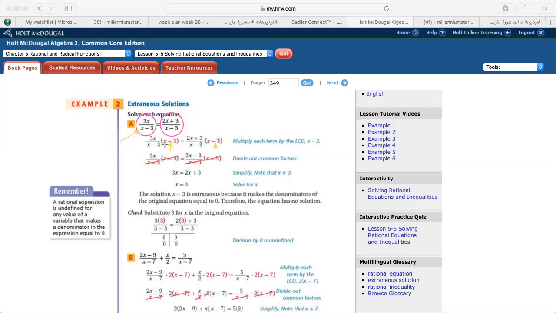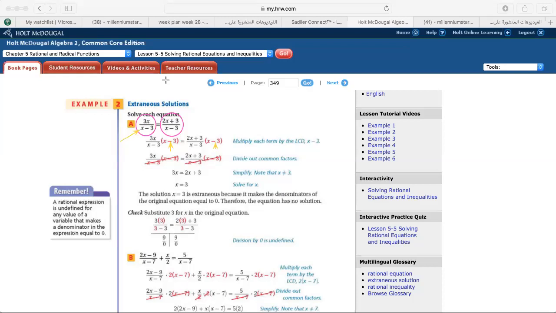Because there is nothing in math called a denominator equal to 0. Zero over a number, yes, it is equal to 0, but a number over 0, no, that does not exist in math.